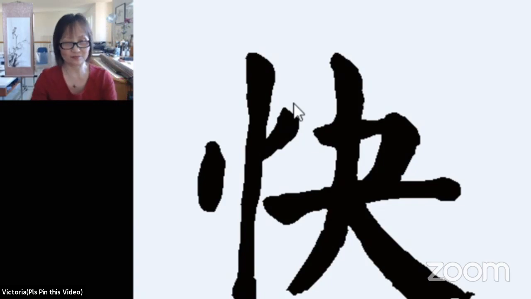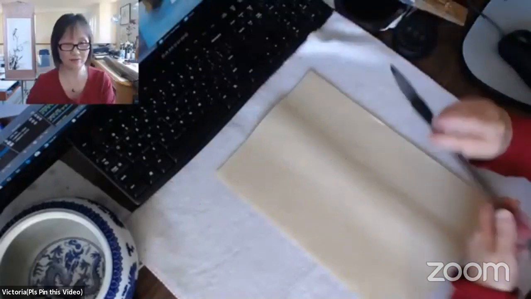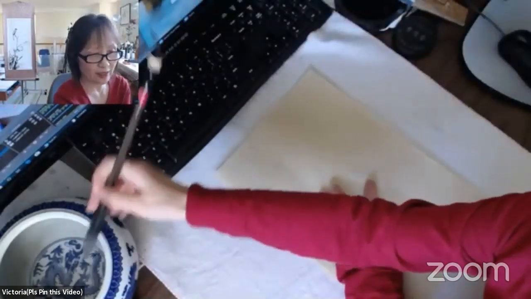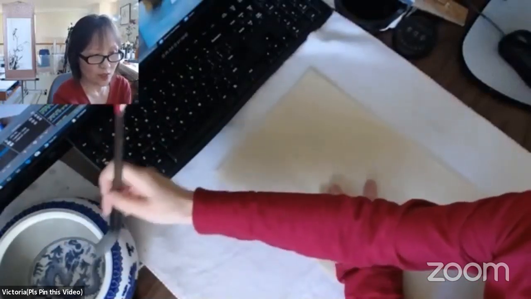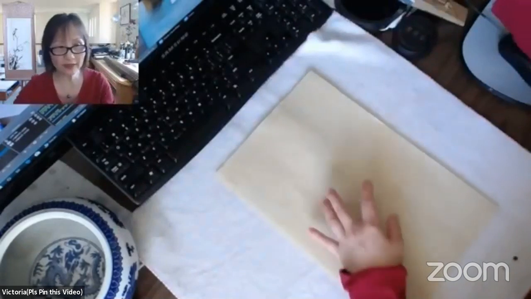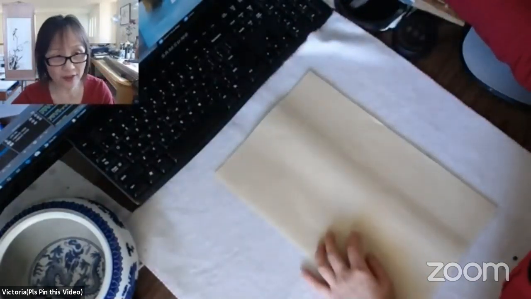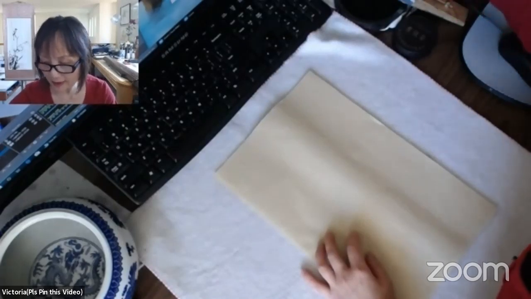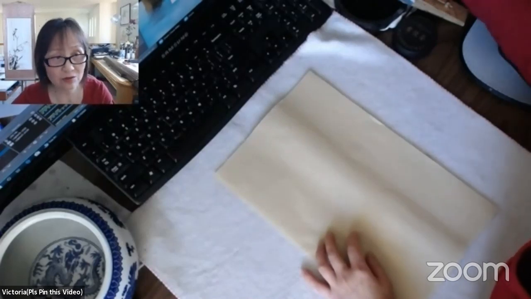So I'm writing this in a standard style. Dip the brush in water thoroughly, in and out, because it's water-resistant natural hair. Then ink: same thing, in and out, let it get thoroughly wet. Get ink, and then do this tap.